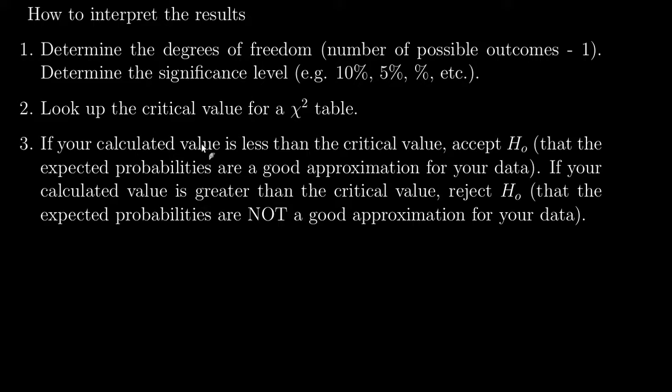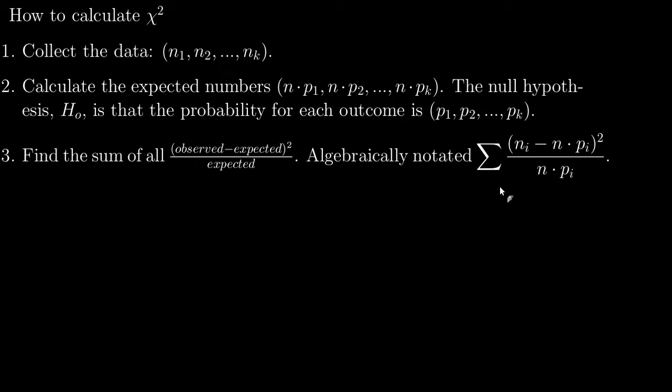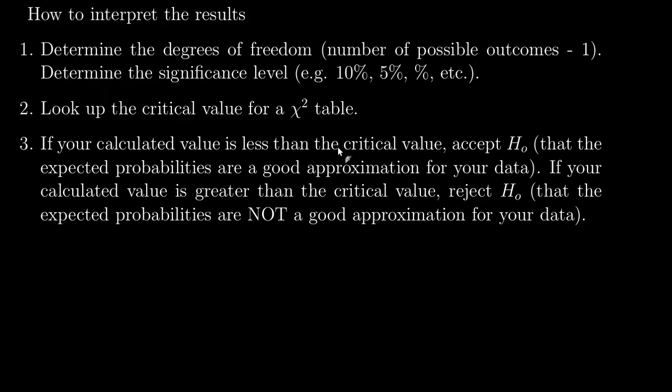And then, if my calculated value is less than the critical value, and that means for us, let me flip back to how we calculated these. When I add up all of these, the observed were close enough to the expected to make this a small thing. So if the observed are all close to the expected, then I accept the null hypothesis that the expected probabilities are a relatively good approximation for the data, or good enough that I don't know it's wrong.